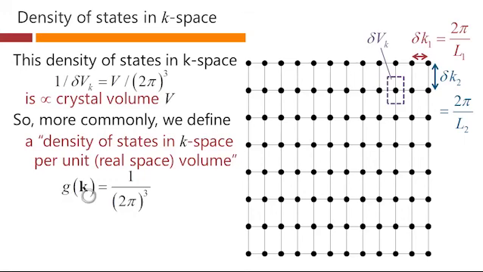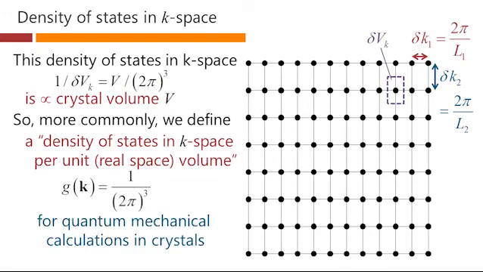We call this g of k the density of states in K-space per unit real volume of crystal. And it's just a number, 1 over (2 pi) all cubed, for quantum mechanical calculations in crystals. It doesn't matter what the crystal actually is, as long as it's crystalline in 3 dimensions. The mathematical concept of the density of states in K-space per unit real space volume, at least as we proved it for these cuboidal volumes here, is 1 over (2 pi) all cubed.